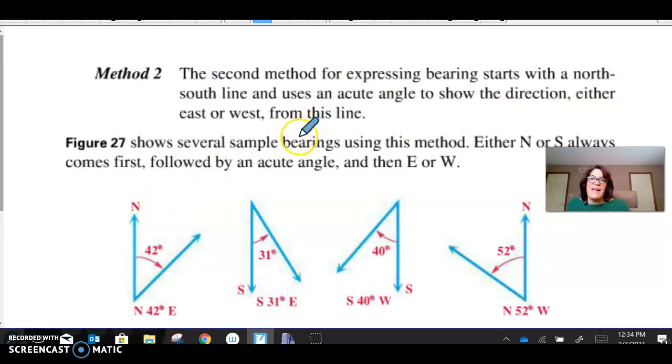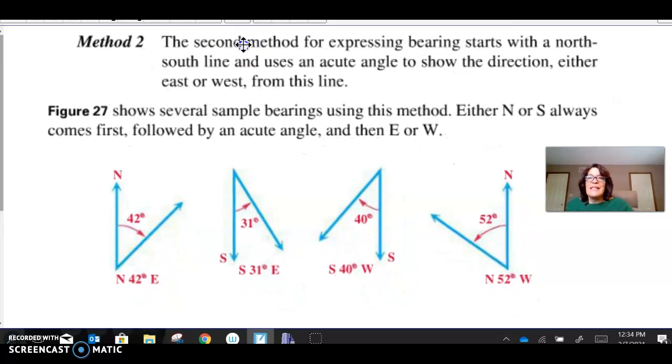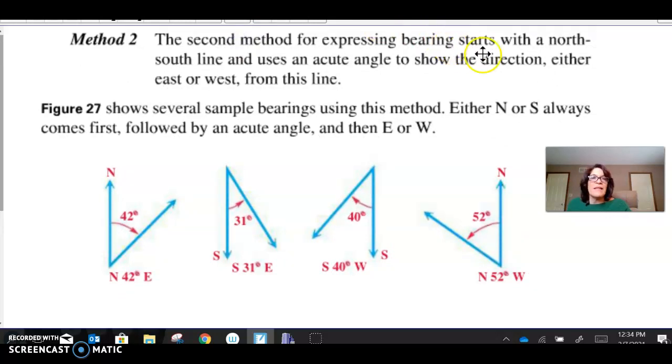Okay, this is another way, heaven forbid, we have different ways to express bearings. The second method starts with the north-south line and uses an acute angle to show the direction either east or west from this line. For example, I tried to show you several of them here.